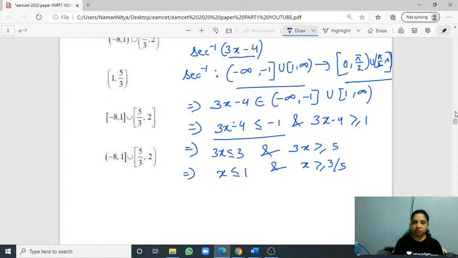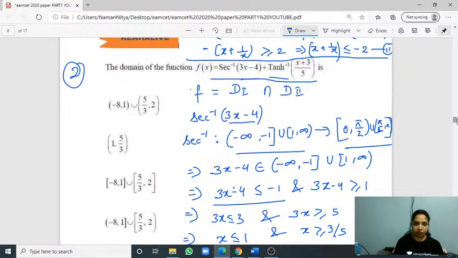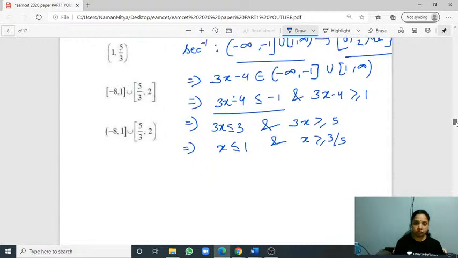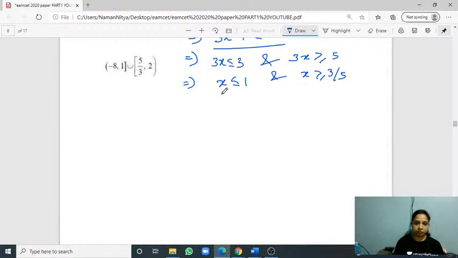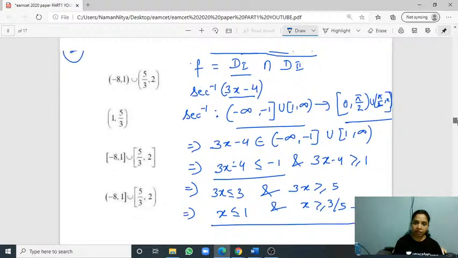So this will be the domain, first domain. Okay, domain 1 we got. Now domain 2 also we are supposed to get. So just call this equation 1 and try to get the domain for the hyperbolic function also. So what is the hyperbolic function we have here?